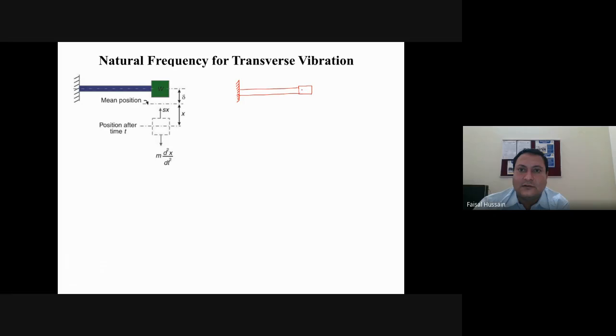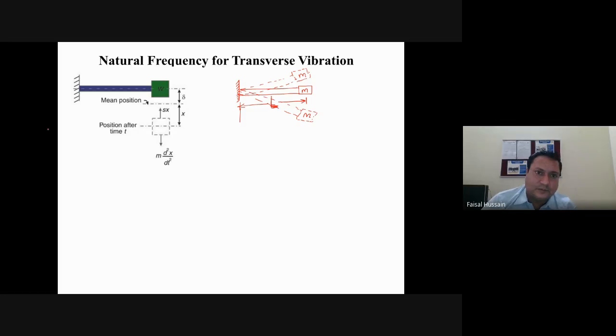At one instant, as it is a transverse vibration, the position will be here, and similarly at another instant the position of the mass will be here. Now, for example, let this be the length of the shaft.